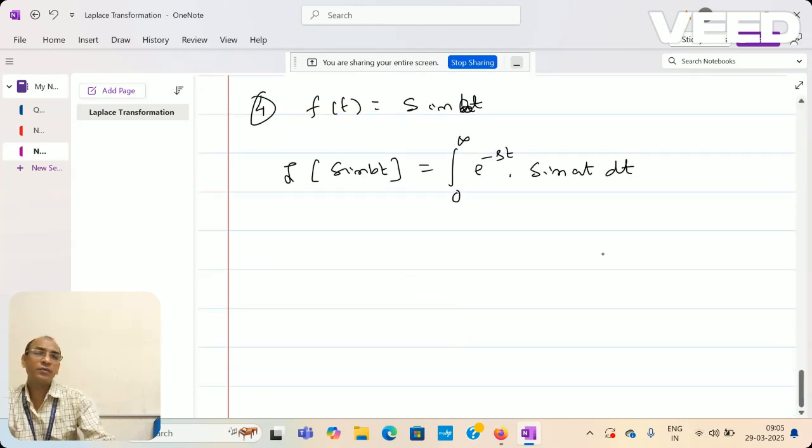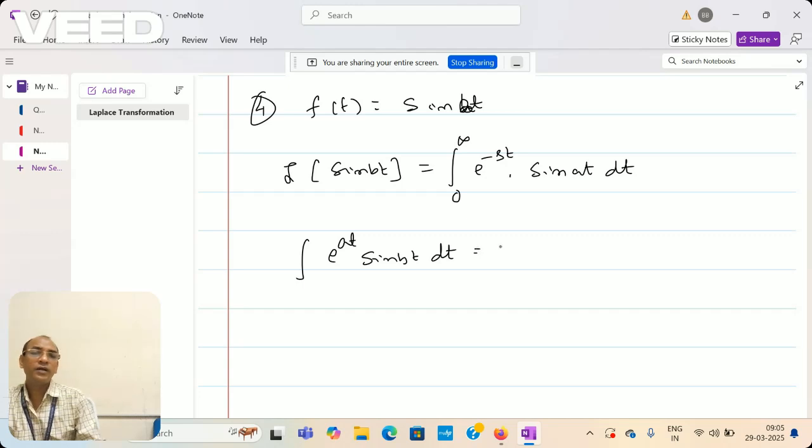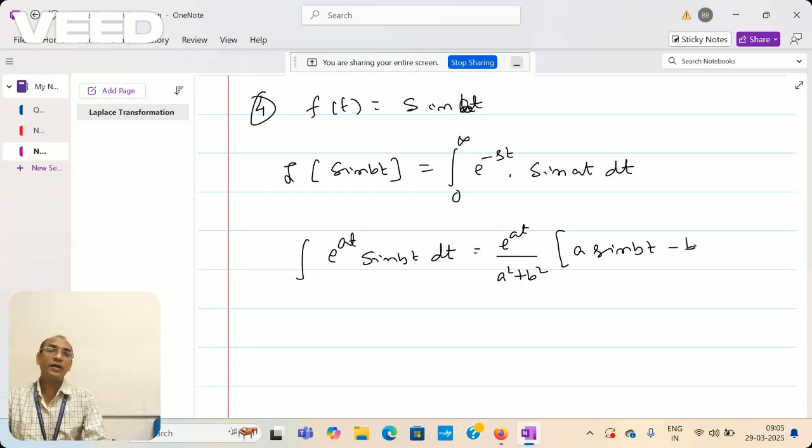Now here I will give you one formula, then I will apply that formula here. The formula is: integration of e to the power at into sin bt dt will be e to the power at divided by a square plus b square, into (a sin bt minus b cos bt), if we do it by parts integration, and whatever limit will be there, we will put that limit here, and that will give you the result.